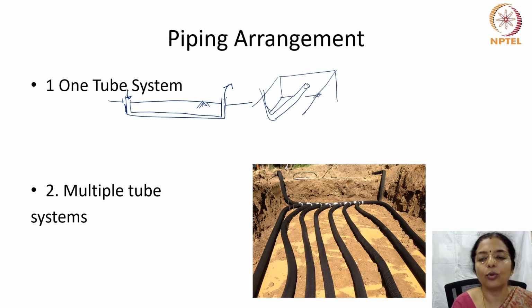And you also have multi-tube systems in which you have more than one pipe which flows through the earth. These are embedded in the earth, and it can have multiple inlets and multiple outlets also.